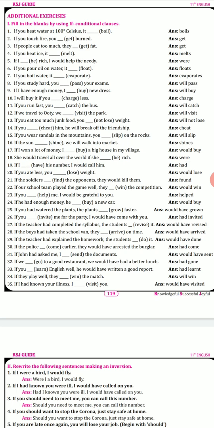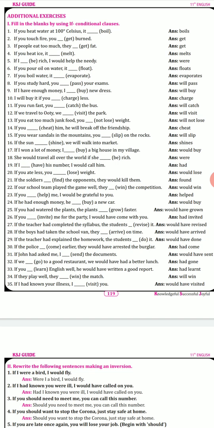So here this is also an impossible condition, because they did not go to a good restaurant, and also they did not have a better lunch. So if we had gone to a good restaurant, we would have had a better lunch. And then question number 33, if you learn English well, he would have written a good report.